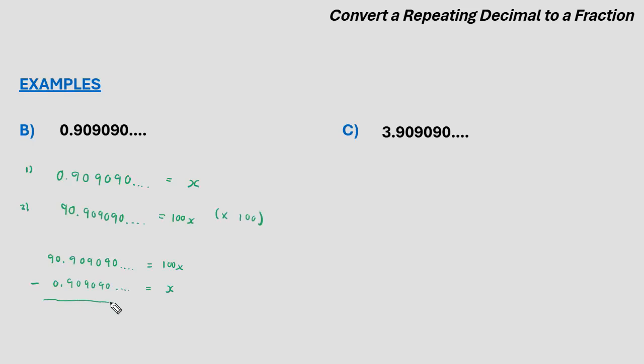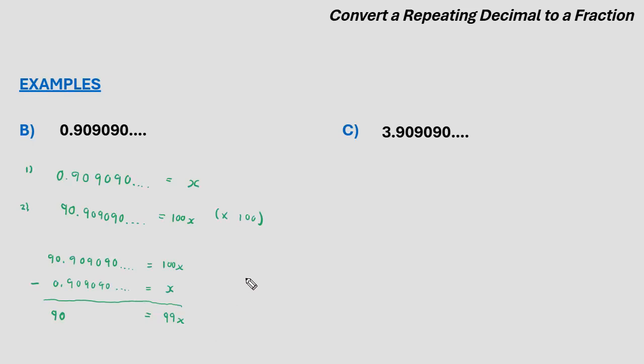100x minus x gives us 99x, and on the left, like what we saw with example A, the decimal expansion disappears. 90 minus 0 just leaves us with 90.